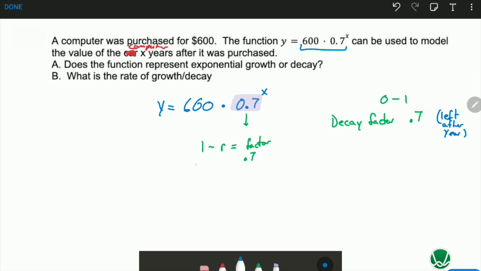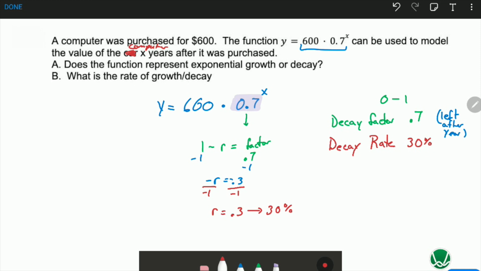If you have a hard time with that, you can just subtract 1 to get negative r equals negative 0.3, and then divide by negative 1, and you would see that the decay rate is 0.3, which as a percent is 30%. So decay rate is 30%, which is how much is lost each year.